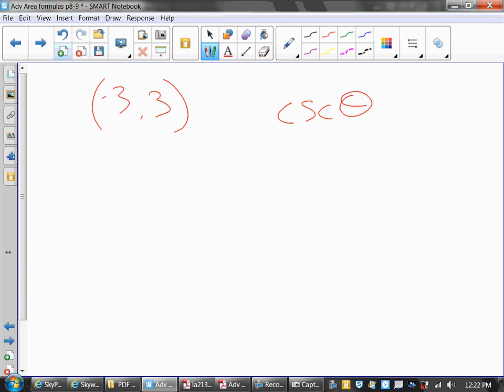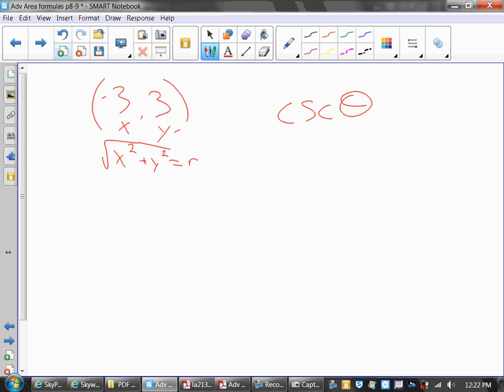Okay. Now, once again, this is very similar to the other two style problems. You're given the ordered pair. You know that the ordered pair is x and y. You also know by now that with the ordered pair, you can find r. You can find r by just squaring these two together and taking the square root, and that gives you r.